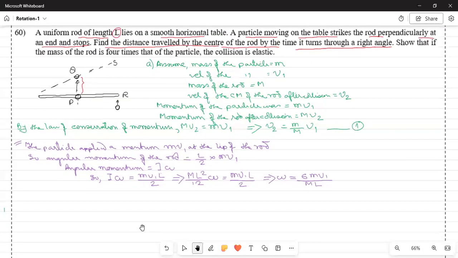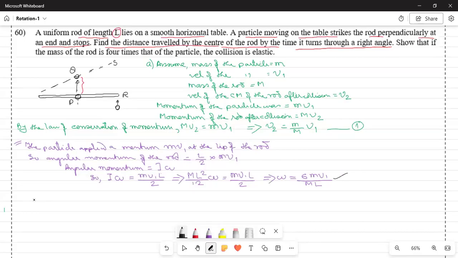What did they ask? How much the center of mass travels by the time the body turns by a right angle. So with this value of omega, we have to find out how much time is required for a rotation by a right angle, pi by 2 radian.